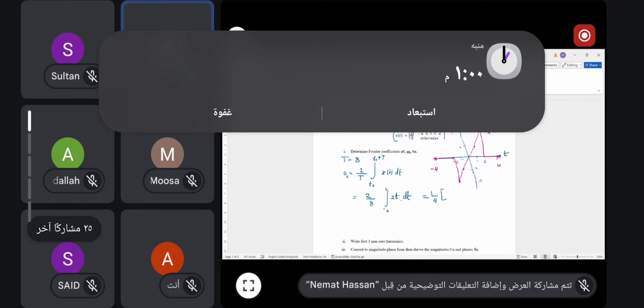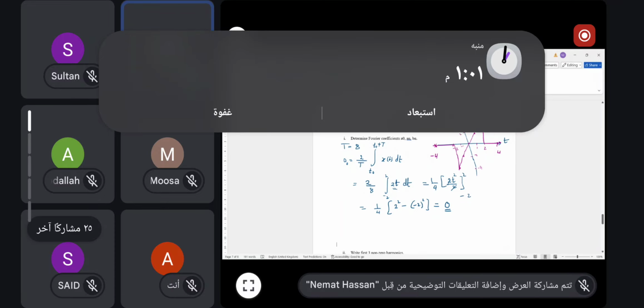The integral of 2t is 2t squared over 2, from -2 to 2. These 2's cancel each other out. So 1 over 4, and then we do t squared: 2 squared minus -2 squared, which is equal to what? 0, right?